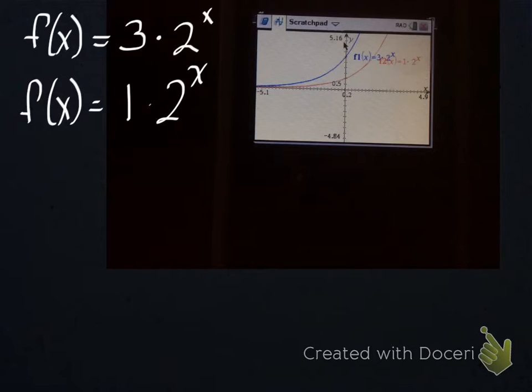The y-intercept. The blue one has been stretched up, and that's called a stretch of 3. Because the 3 is greater than 1, it's called a stretch.